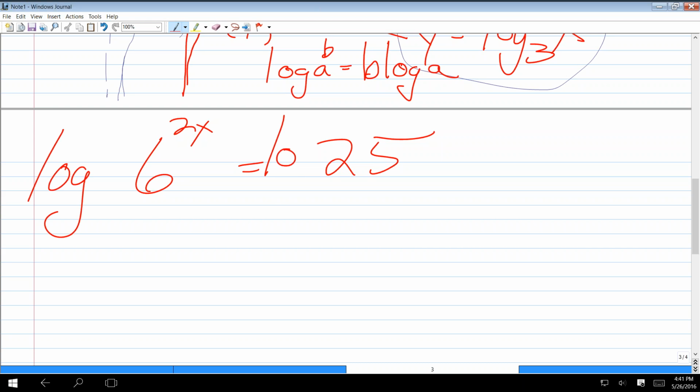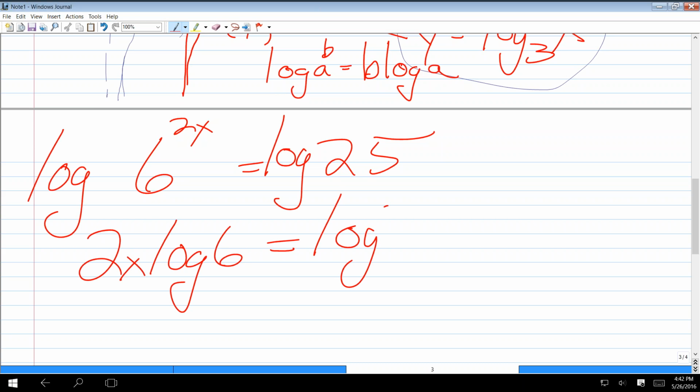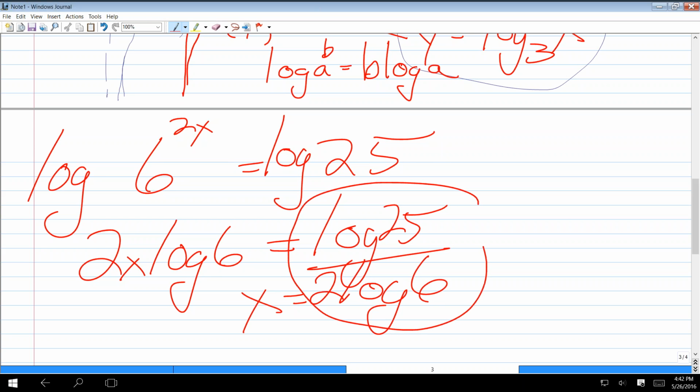Watch. I'm taking common log of both sides. Now I have this. Common log of 6 equals that. Now I divide by common log of 6 and the 2. So I get x equals that.